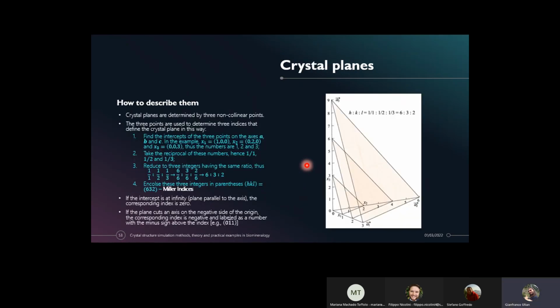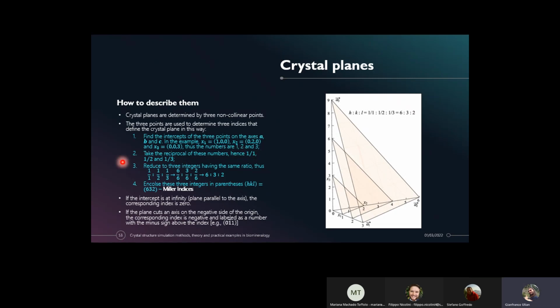An important concept that is used in crystallography, especially when we talk about X-ray diffraction, which will be presented by Professor Valdré in the lecture on Friday, is the crystal planes, that are determined by three non-collinear points.